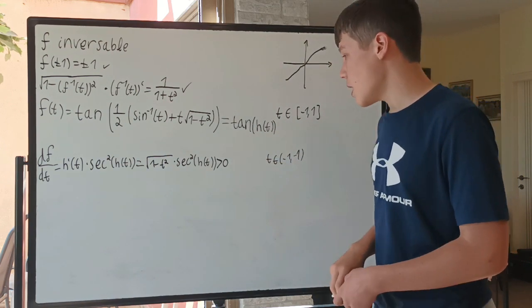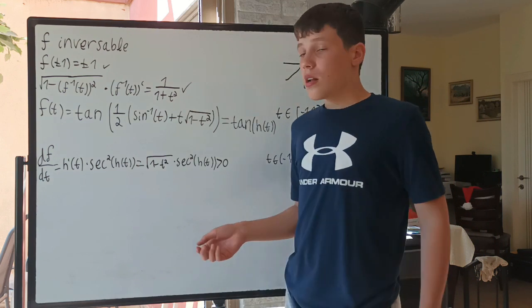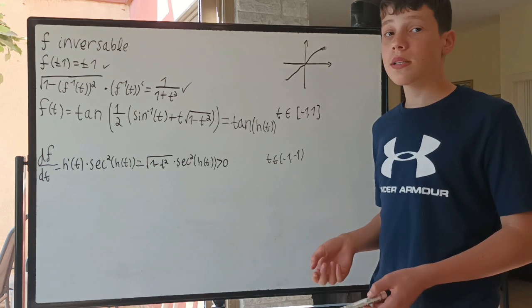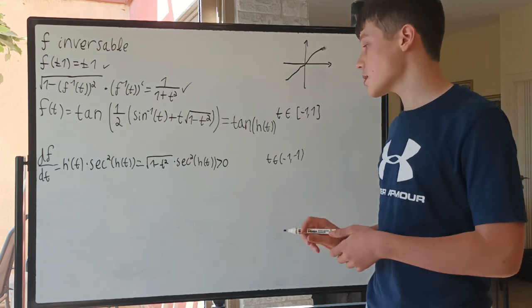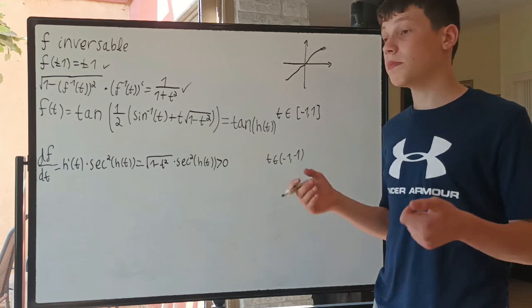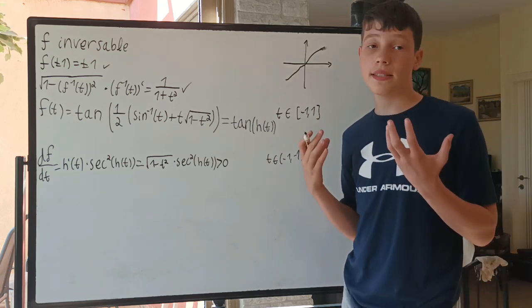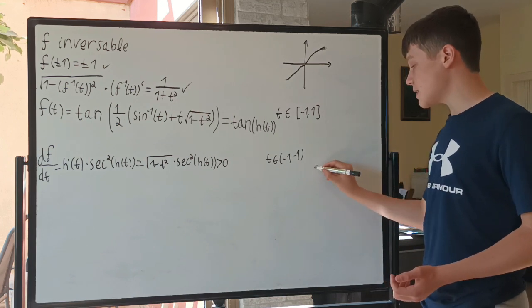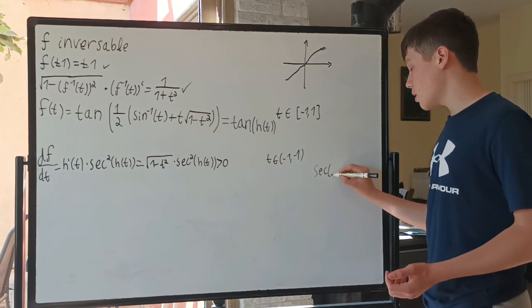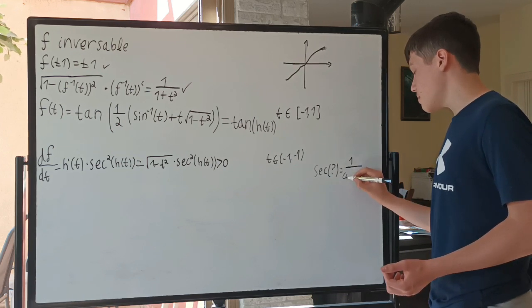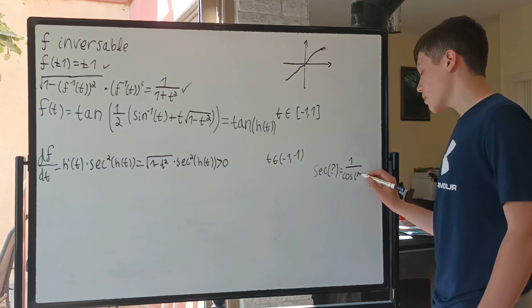Because this 1 minus t squared will be strictly positive, so its square root will be strictly positive. And secant squared, you might say, well, that could be bigger than or equal to 0, maybe at some point it's 0, but remember, secant of something is defined to be 1 over cosine of something.